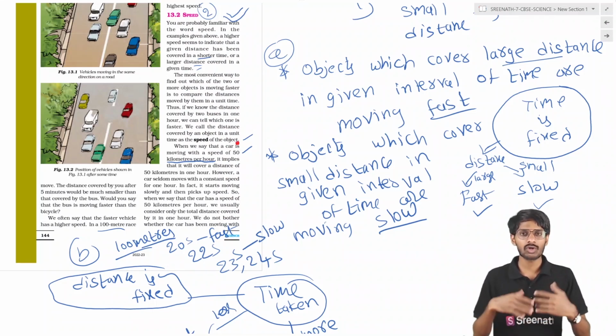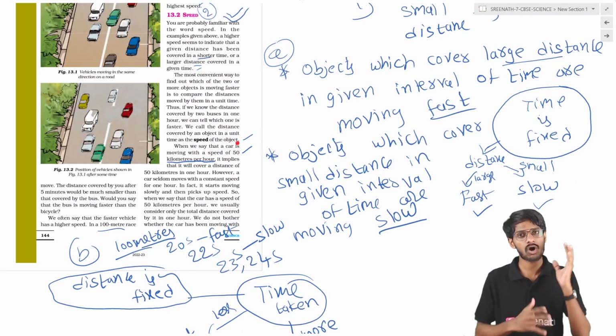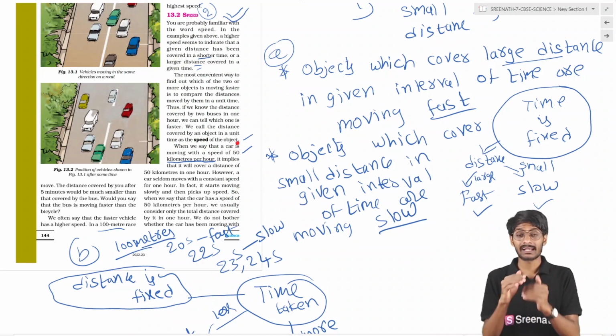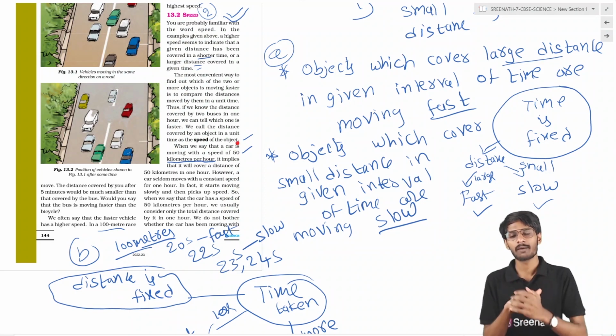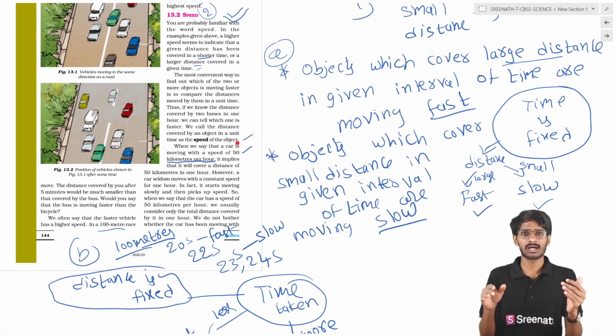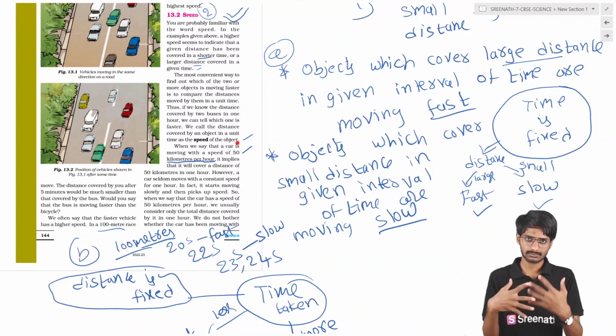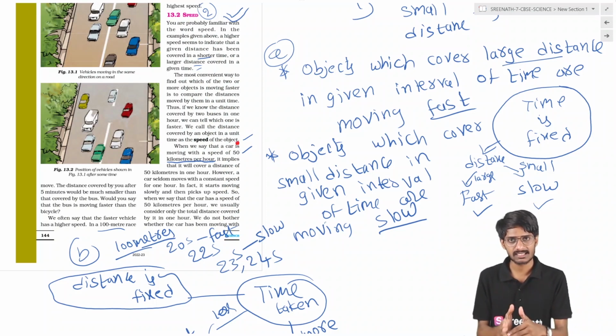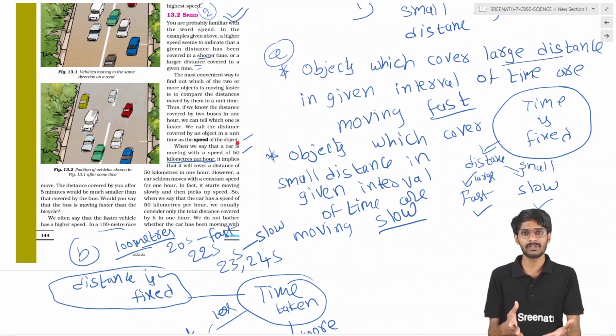Whenever you are starting your bike or vehicle, it will move very slow. It will start from 0 speed and increase its speed up to the maximum. After that, whenever there is traffic, or any obstacles, you will apply brakes, then your speed will decrease, and after that again you will pick up your speed, and again you will decrease your speed.